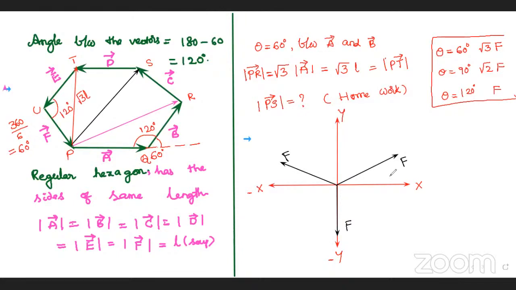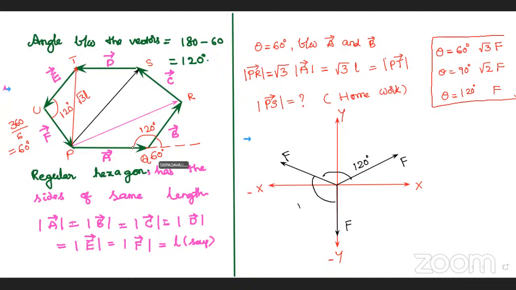But the thing is what he said, the angle between any two vectors, like the first one and second one, position vectors originated from the same point, the angle is 120 degrees. And here the angle between these two is also exactly 120 degrees.